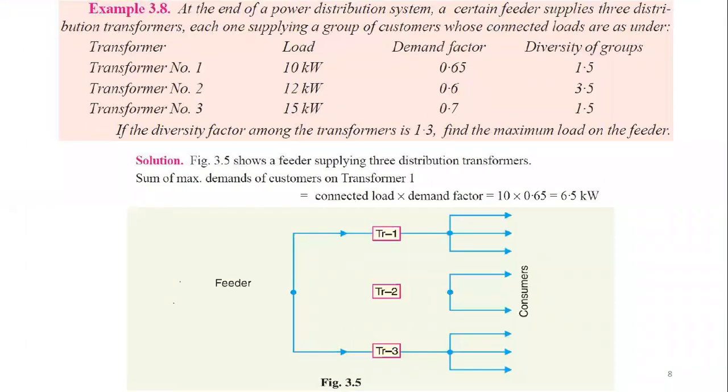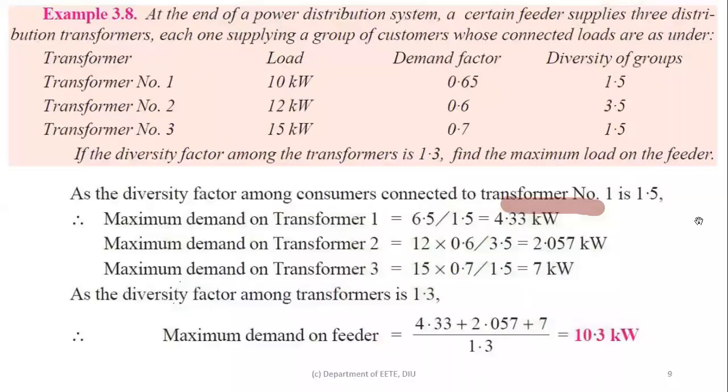Here you can see that in the same way I have just discussed, at first they found the maximum demand of transformer one, that is 6.5 kilowatt. When they found 6.5 kilowatt for the maximum demand, in a similar process they found it for everyone.